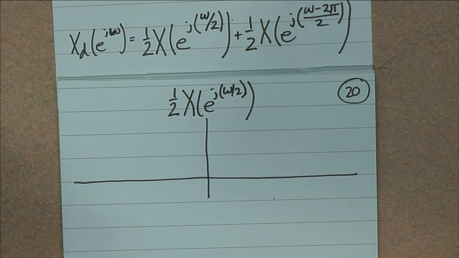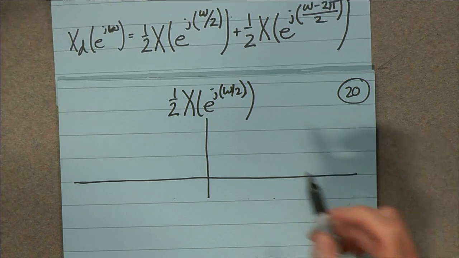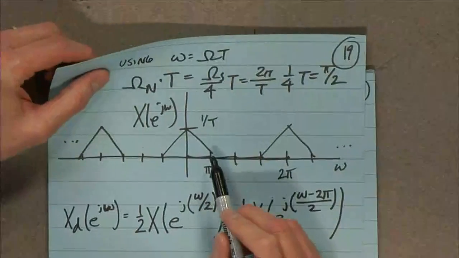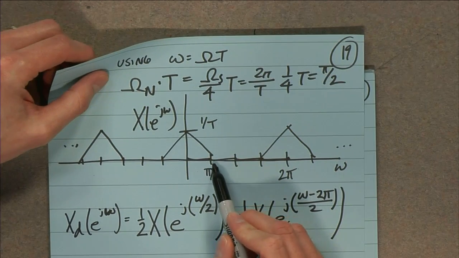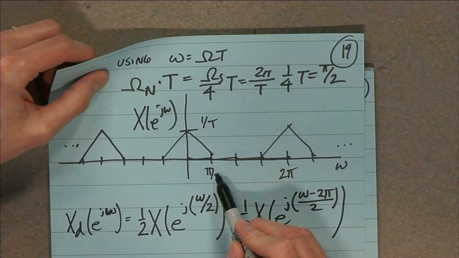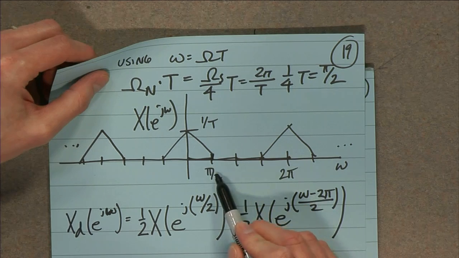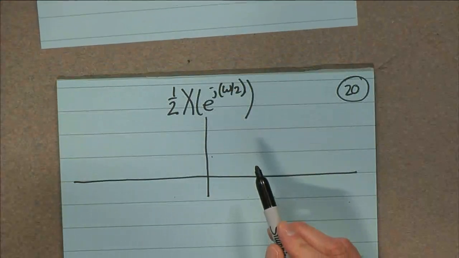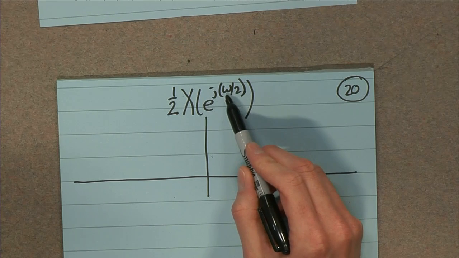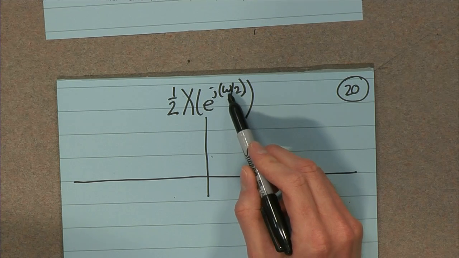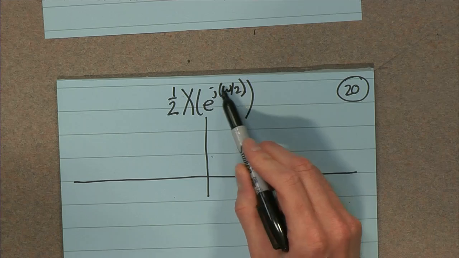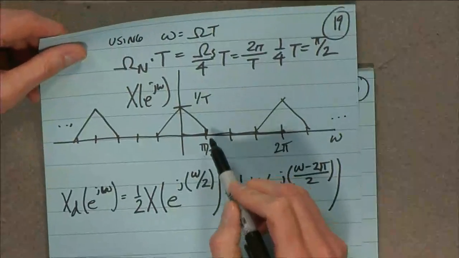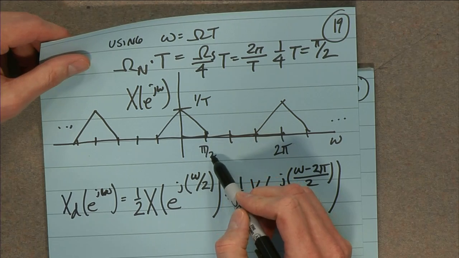So right off the bat, let's go back to this. And notice that when omega, little omega, is pi over 2, the value of the spectrum is 0. So what value will omega have to be in this argument so that we have e to the j pi over 2 with a value of 0 there? Well, it's going to have to be twice as big, right?